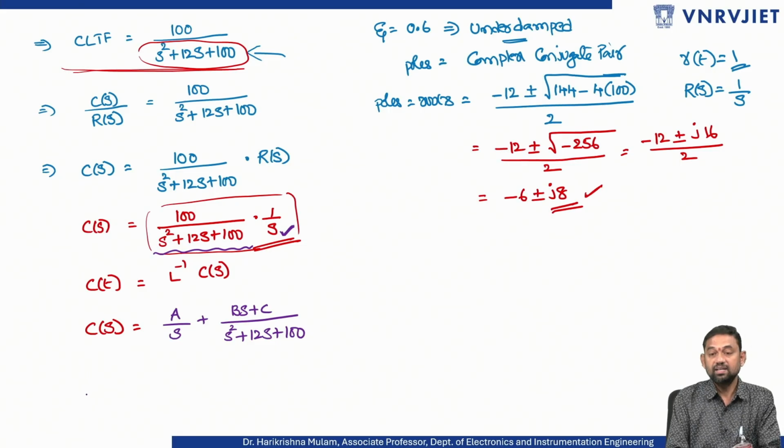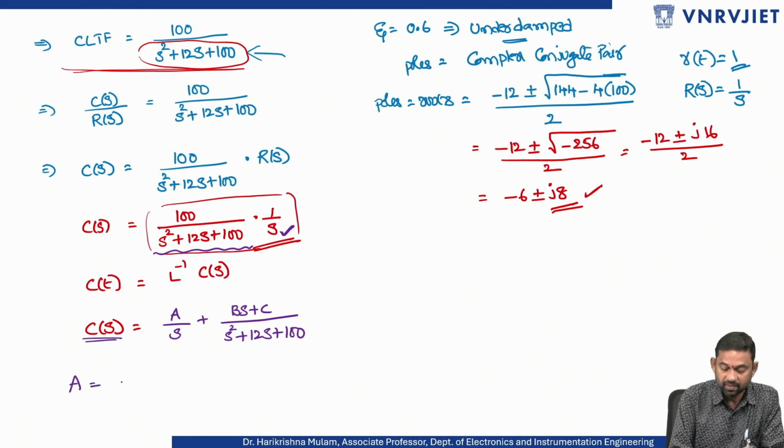Let us find these residue values, a, b, c. So, a is given by c of s into the term related to a, which is s, and the root corresponding to the s term is s is equal to 0.